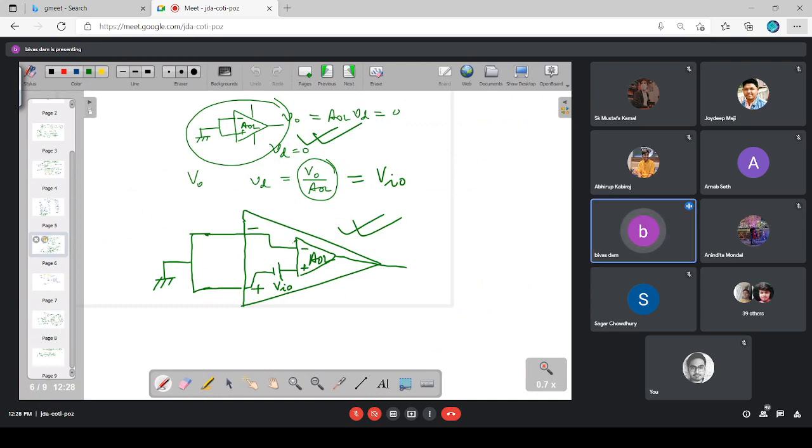We have seen that this VIO was there. That means one practical operational amplifier is producing non-zero output voltage V0, even if the two input terminals are shorted. That means the VD is zero. Even if VD is zero, I am having non-zero output voltage.